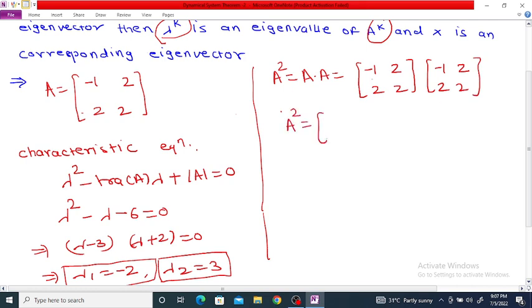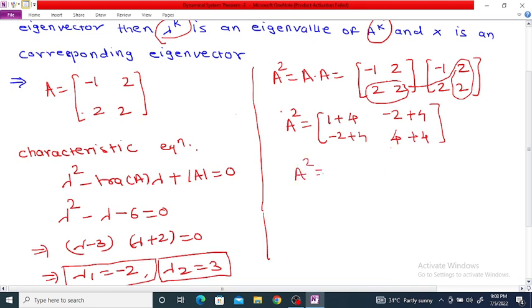The multiplication of this matrix gives 1 plus 4, then -2 plus 4, then second row first column -2 plus 4, then second row second column 4 plus 4. If you simplify this, A square is equal to [5, 2; 2, 8].